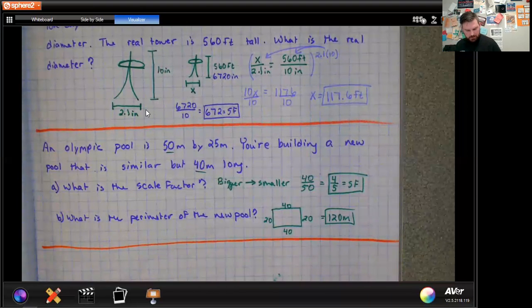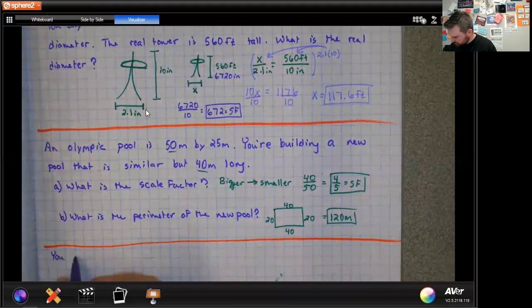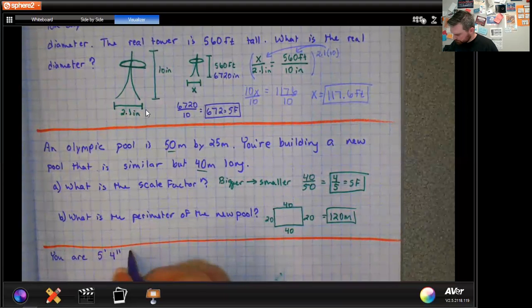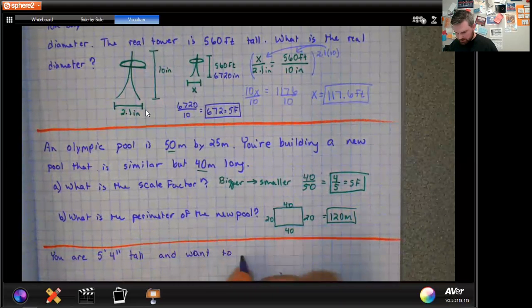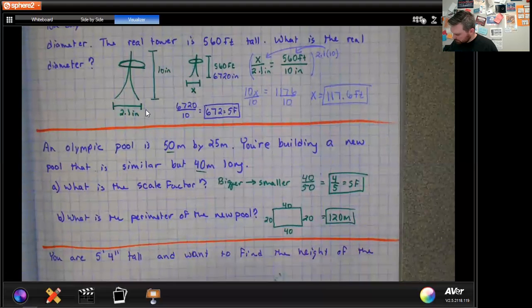All right, the next one is a very, very common problem. It says you are 5 foot 4 inches tall and want to find the height of the flagpole.